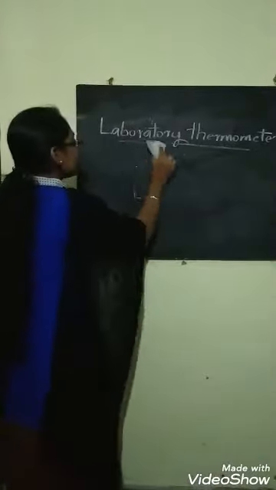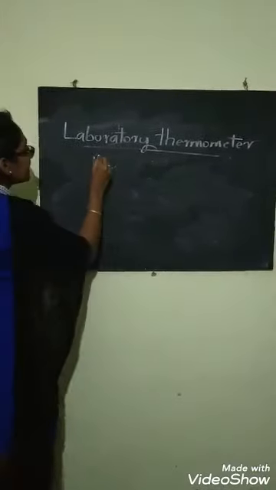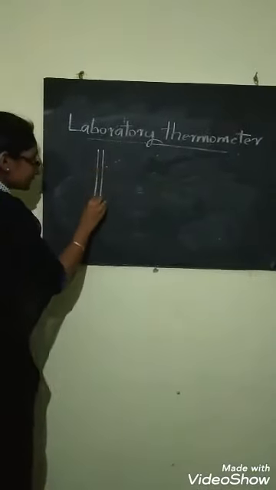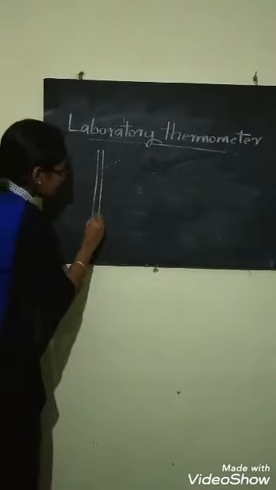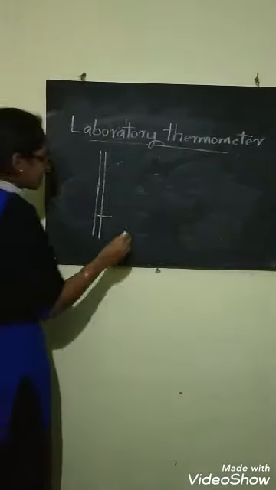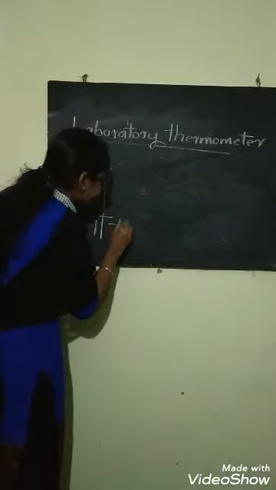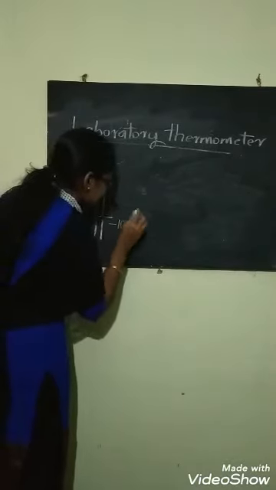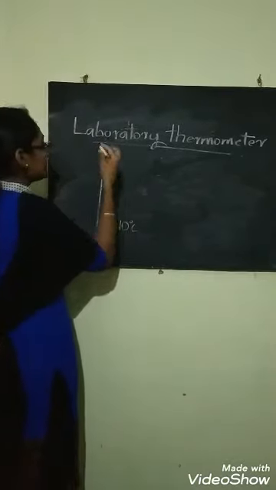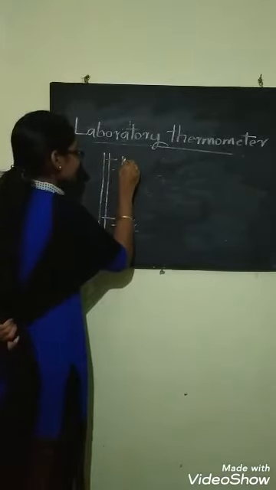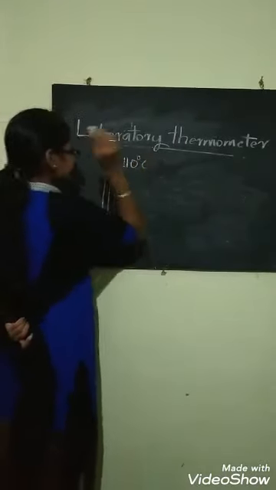Now, in the last class, I told you that every thermometer has a lower value and an upper value. Now the question is, what are the lower value and upper value of our laboratory thermometer? The lower value is minus 10 degrees Celsius and the upper value is 110 degrees Celsius.